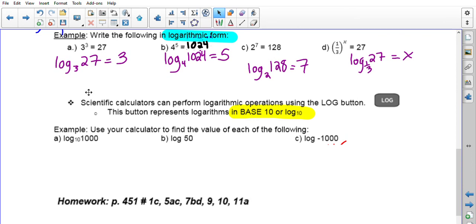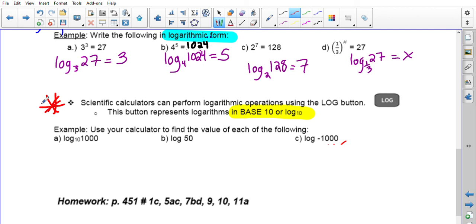All right, so we've seen here that we get a lot of different bases for log: 1/3, 2, 4, 3. We know it can be anything greater than 0, but not equal to 1. So scientific calculators can perform log operations using the log button. However, highlight this, the log button can only be used for base 10.